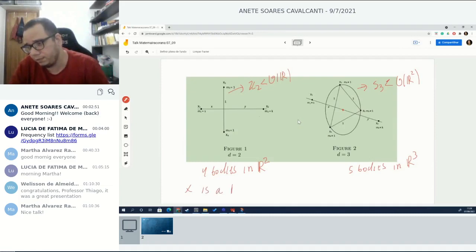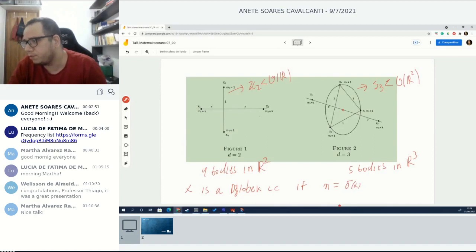X is a Dziobek CC if the number of bodies n is equal to the dimension of the configuration plus 2.